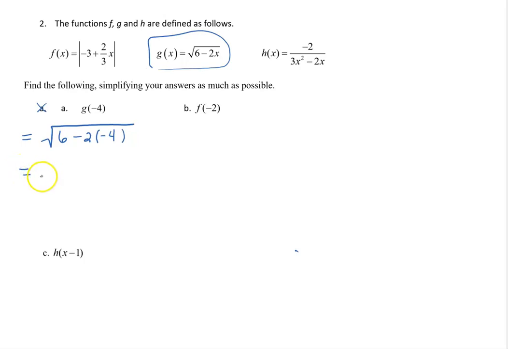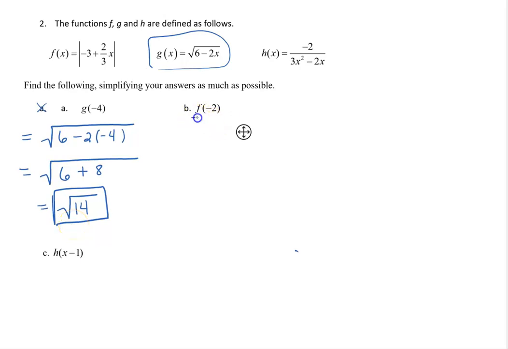So now we work under this radical. -2 times -4 makes that 6 plus 8, which gives us the square root of 14. And if Alex asks for the exact answer, this is what you would enter. If they ask for the approximate answer, you can enter that in your calculator and get the approximate decimal.